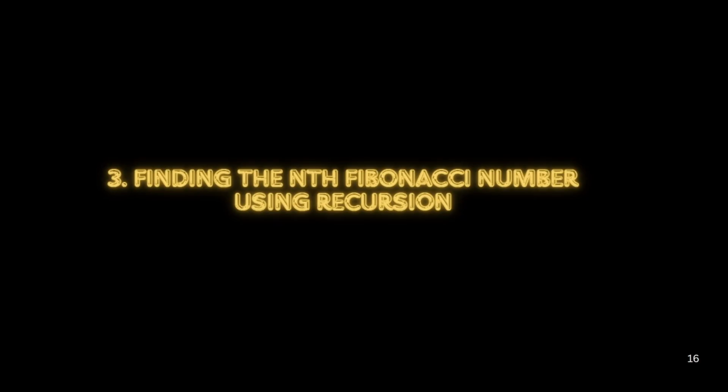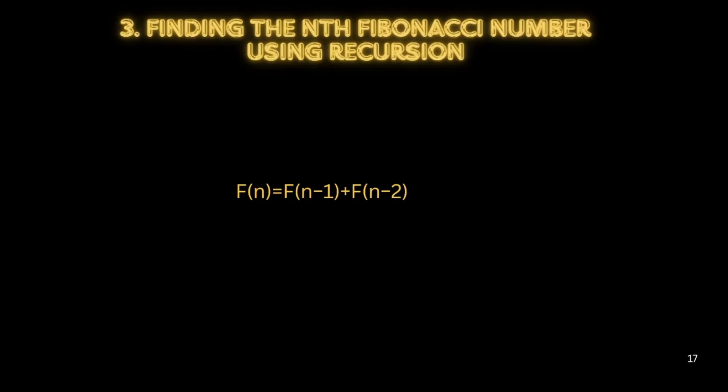To find the nth Fibonacci number, we can write code based on the mathematical formula for Fibonacci number n. It is f of n equals f of n minus 1 plus f of n minus 2. Here you can see n minus 1 is the previous number, and f of n minus 2 is the one before that.